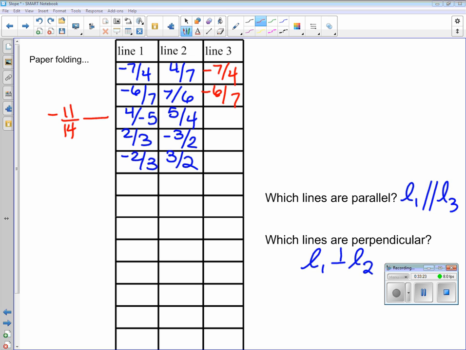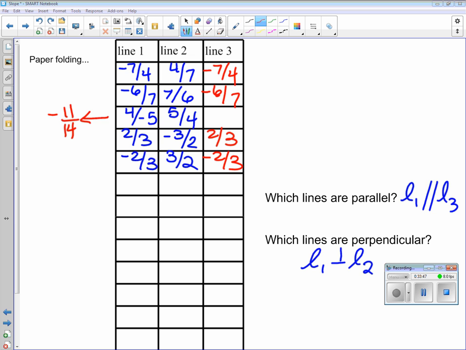Okay, I'm going to write that here, and we'll look at it, okay? 2/3, -3/2. Who is that? You got 2/3 again? Okay. You should get positive, because if they're parallel, they should have the same direction, right? Okay, it should be negative over negative, maybe. All right, how about the last one? What should it be? -2/3.